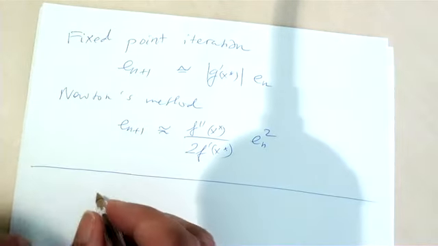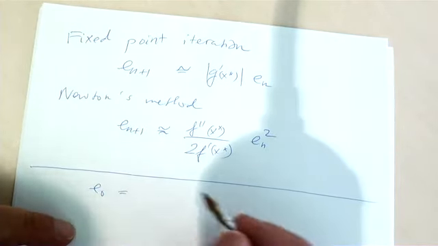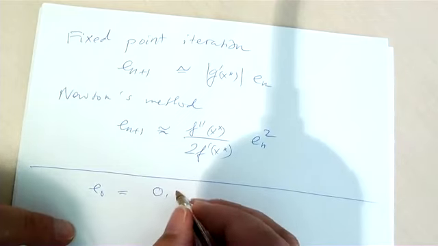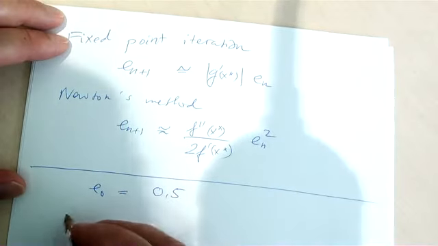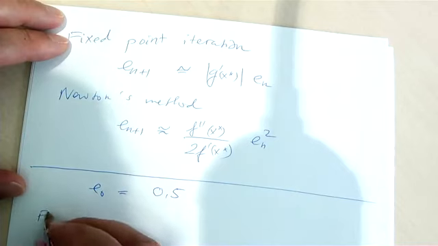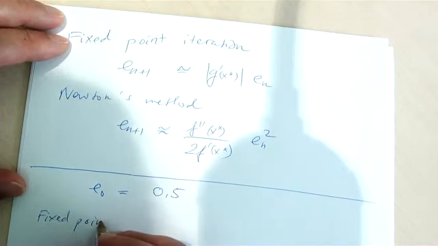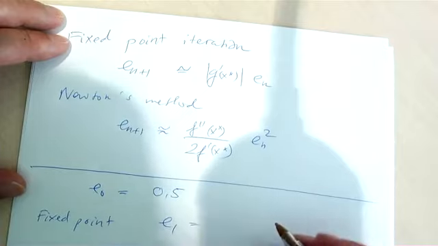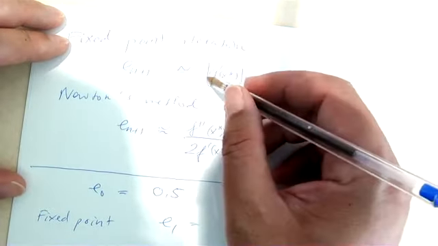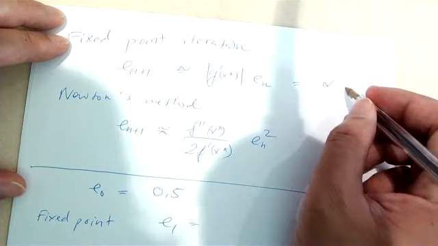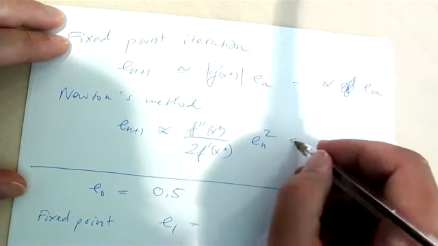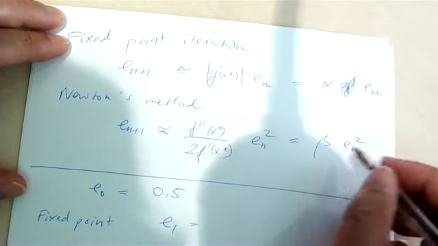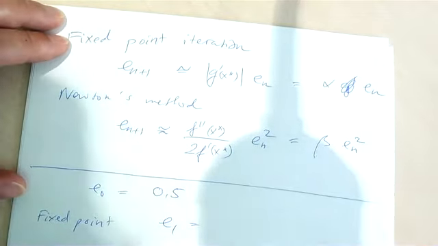So now suppose I have e_0 is like 0.5, right? And suppose that you use fixed point iteration. Then e_1 will be some constant, so suppose I denote this one to be some constant, alpha times e_n, and this one is beta times e_n squared. So alpha and beta are just some constants.